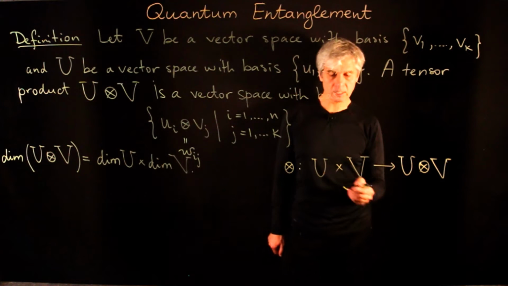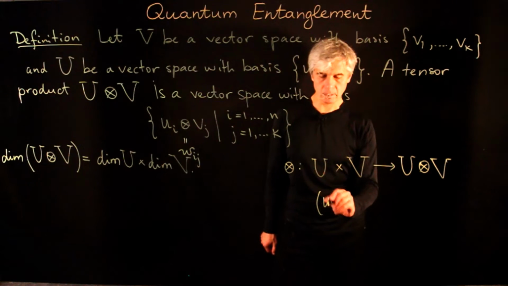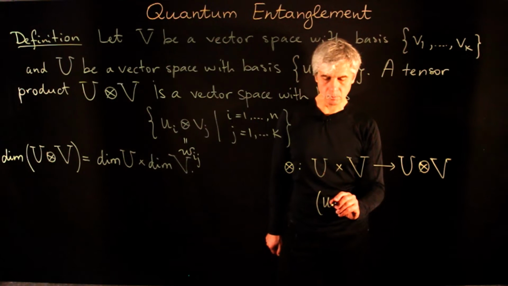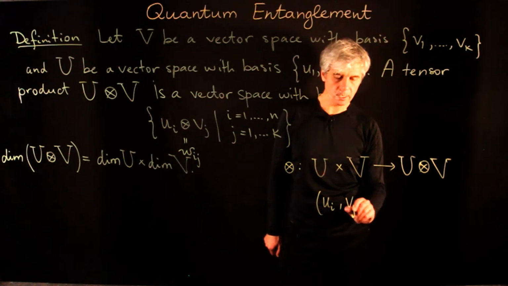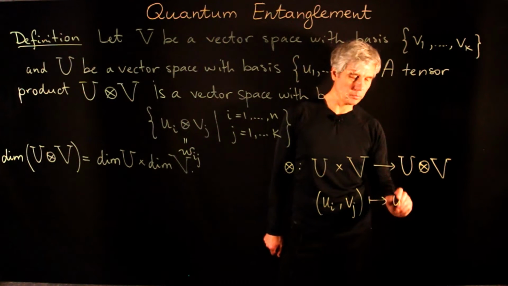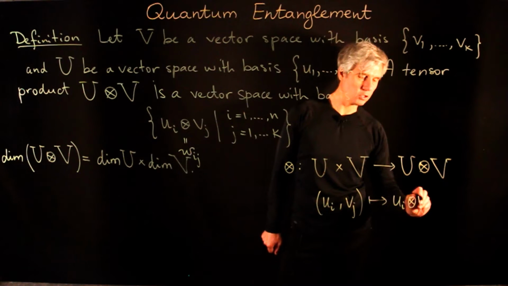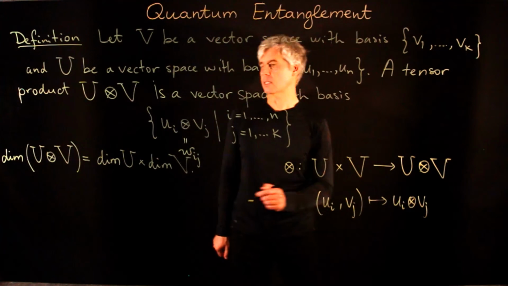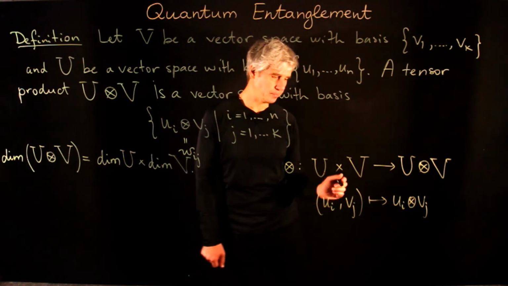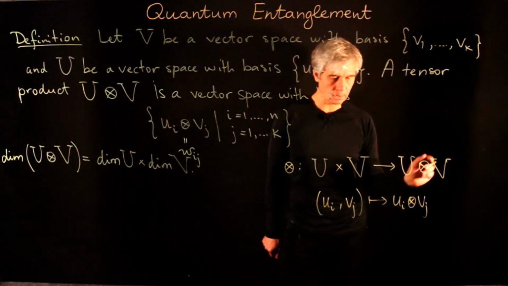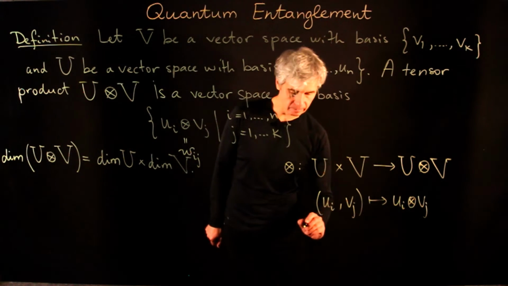So the pair Ui, Vj will go to Ui tensor Vj. This motivates our notation here. And this operation is bilinear.